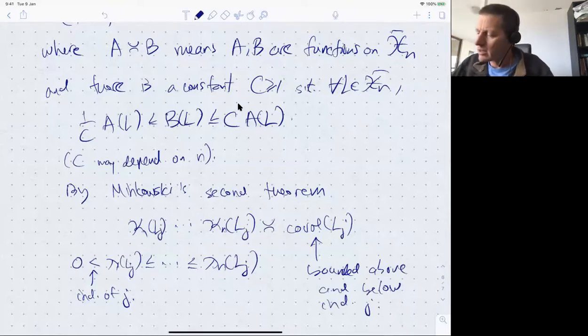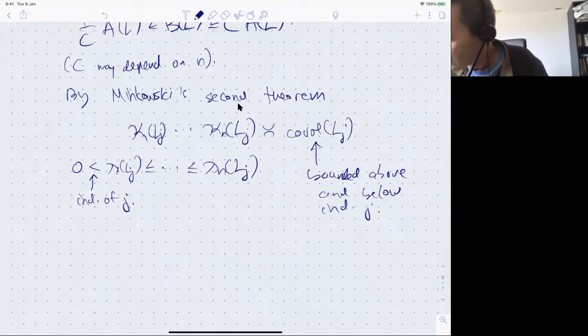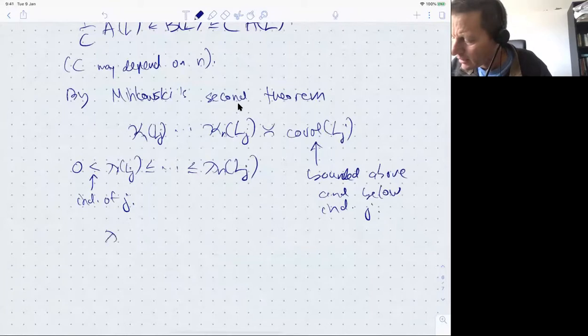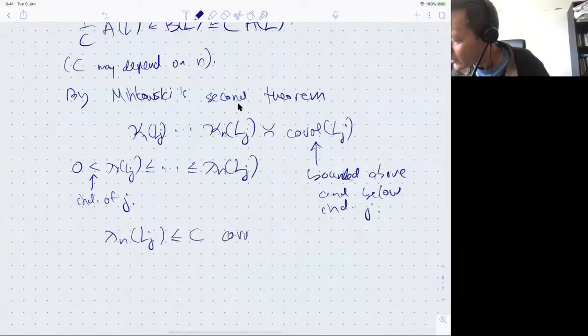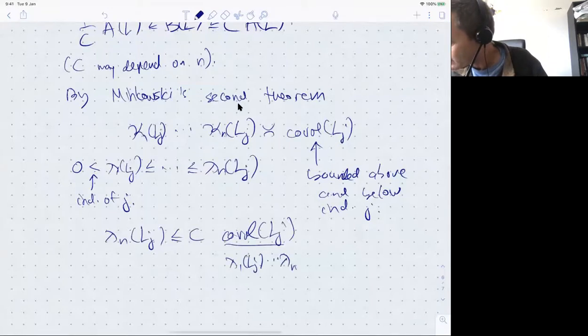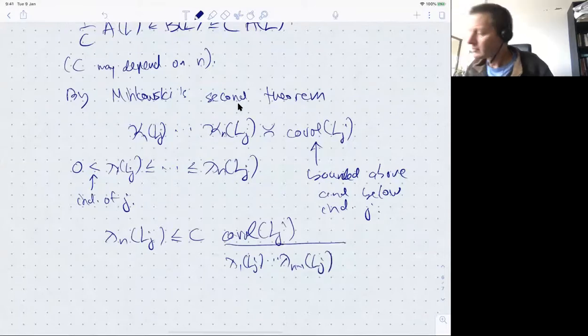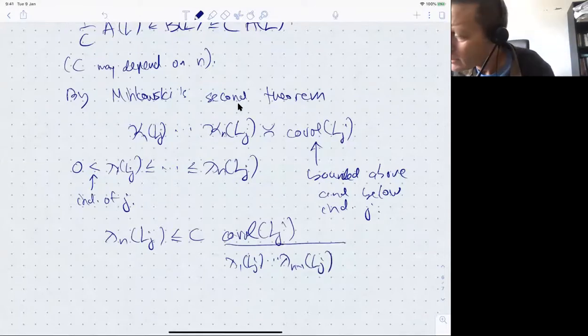Okay. And so let's prove that lambda n is bounded above. So lambda n of Lj is less than a constant times the co-volume of Lj divided by lambda 1. Okay, in Minkowski's second theorem, imagine that this had lambda i's instead of kappa i's.